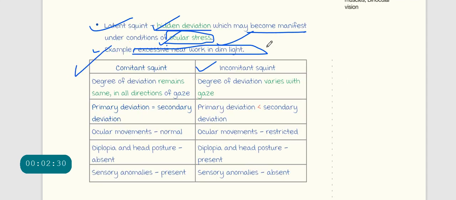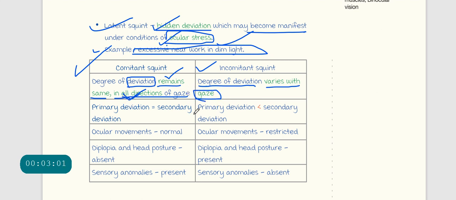In comitant squint, the degree of deviation of both the eyes remains the same in all directions of gaze, whereas in incomitant squint the degree of deviation varies with the gaze and is not the same in all directions.